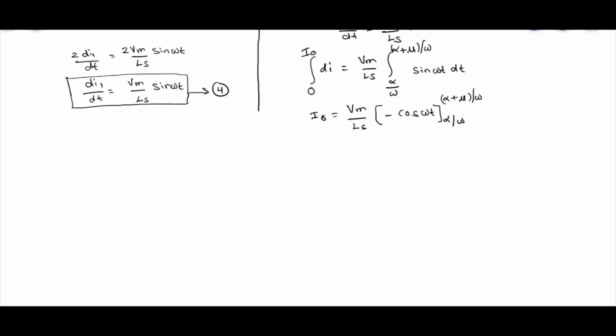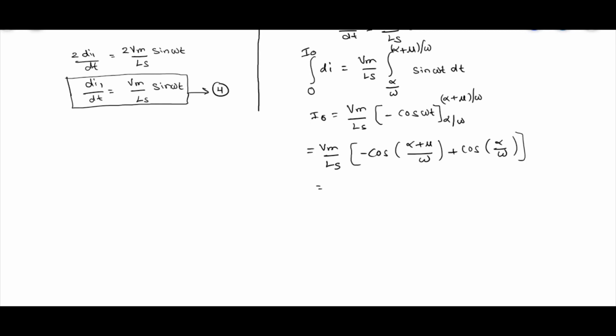To proceed further, let us continue this derivation. That will be equal to Vm by Ls into minus cos of alpha plus mu by omega plus cos of alpha by omega.